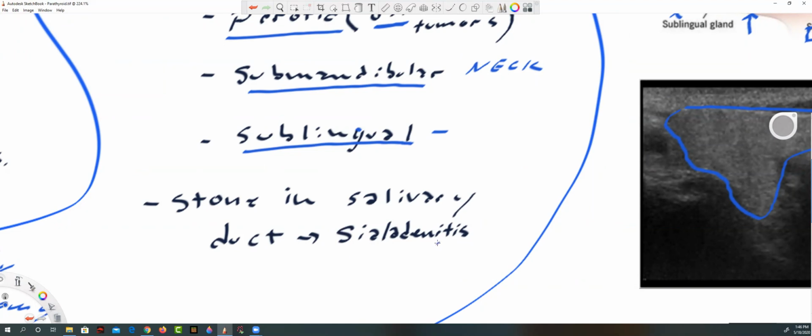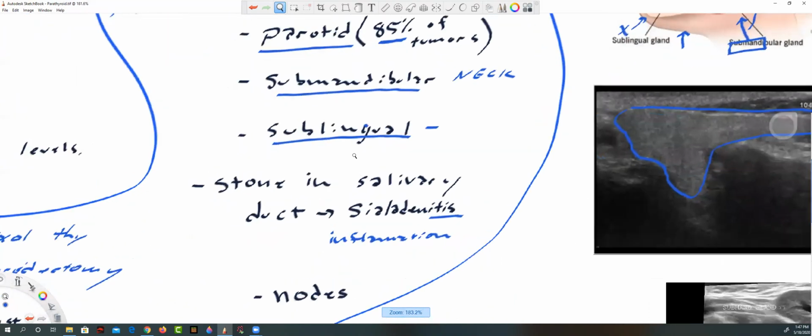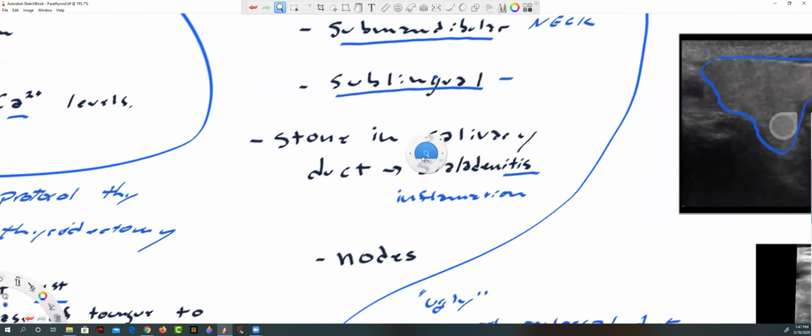That is an itis, so that is inflammation, and the number one reason for inflammation of the salivary glands is a stone that developed in the salivary gland and got stuck in the duct and is now blocking the duct.